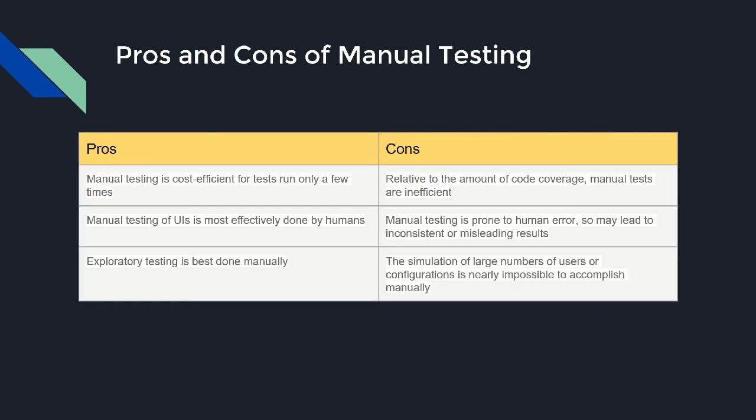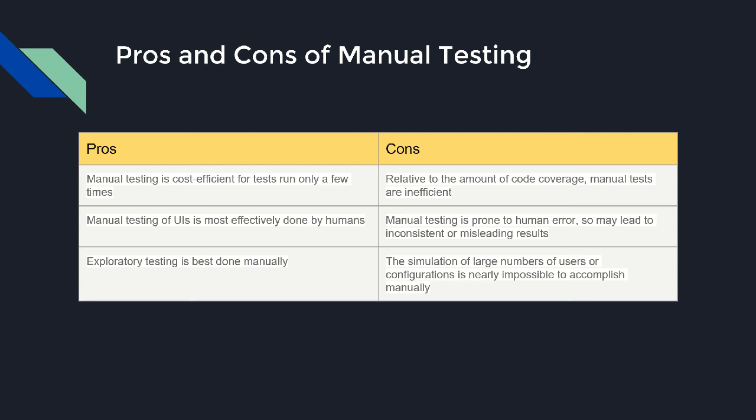So, pros and cons for manual testing. For the pros, manual testing is cost efficient for tests run only a few times. Manual testing of UIs is most effectively done by humans. Exploratory testing is best done manually.